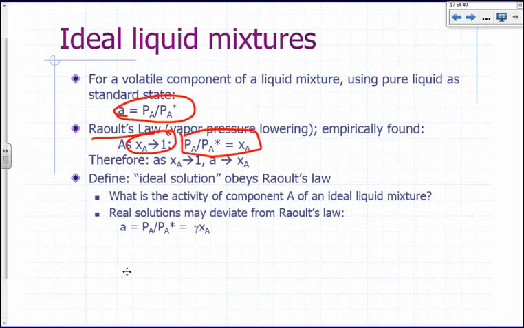The more dilute your solution is, the activity will just approach the value of the mole fraction. If it's pure, the mole fraction approaches 1. So for a very dilute solution, the activity of the solvent will essentially be equal to its mole fraction.